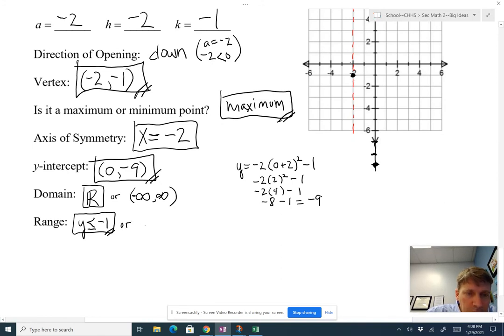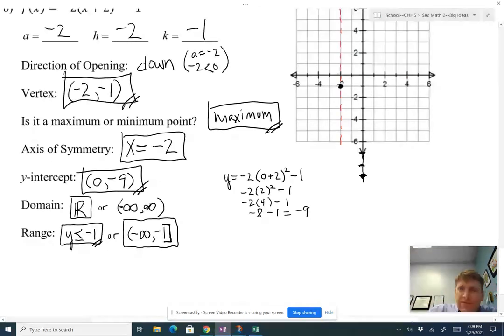Or, in interval notation, because it's pointing down, it has no lowest value, so we'd say it goes from -infinity on the downside to the upside, which is it goes up to -1. And it can be equal at -1, so we use a bracket instead of a parenthesis. And that's the same thing as what we put here.